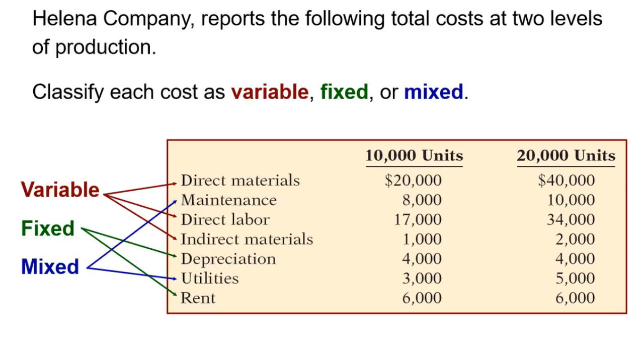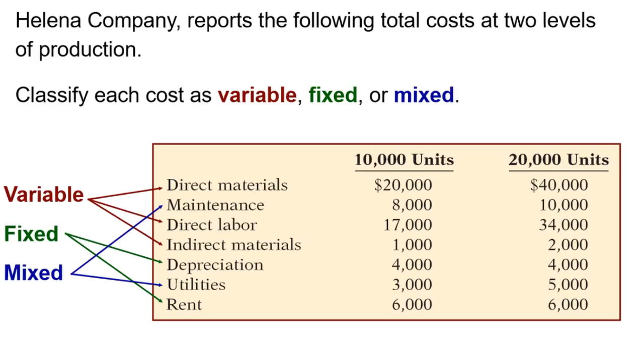So it's a variable cost in direct proportion: double the production, double the cost. The next cost is maintenance. It's 8,000 at 10,000 units. When we double the units, it changes, but it doesn't double. It increases to 10,000, because it's partially variable and the fixed part remains fixed.